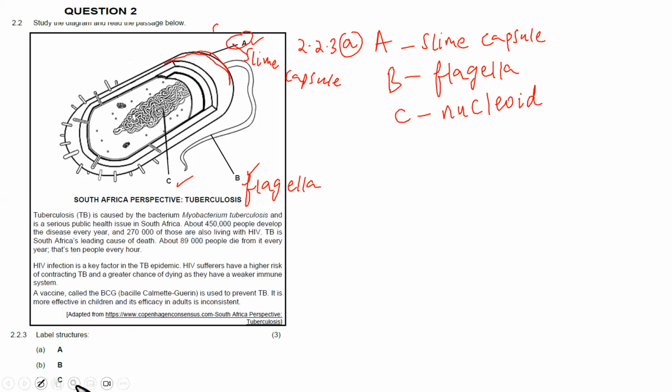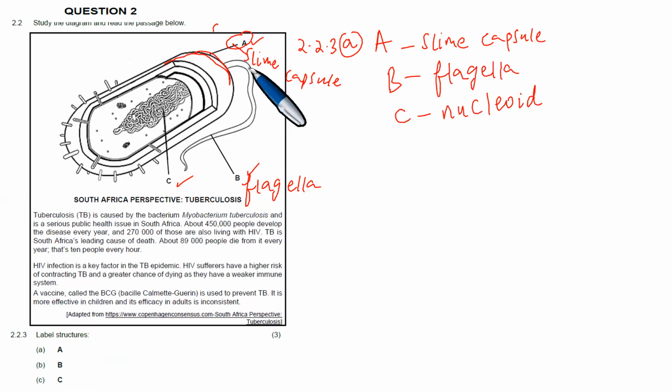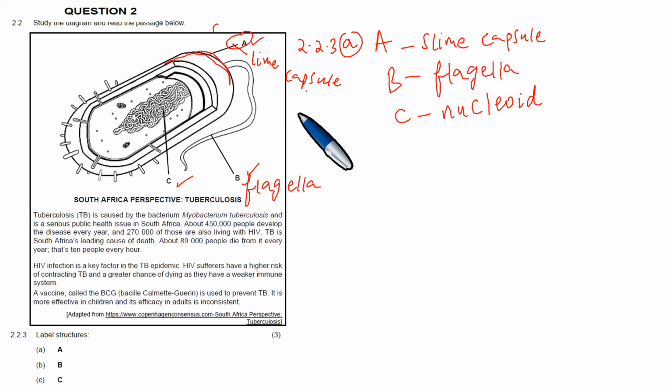Most definitely. Well done. So the slime capsule is what protects the bacterium from harmful substances.